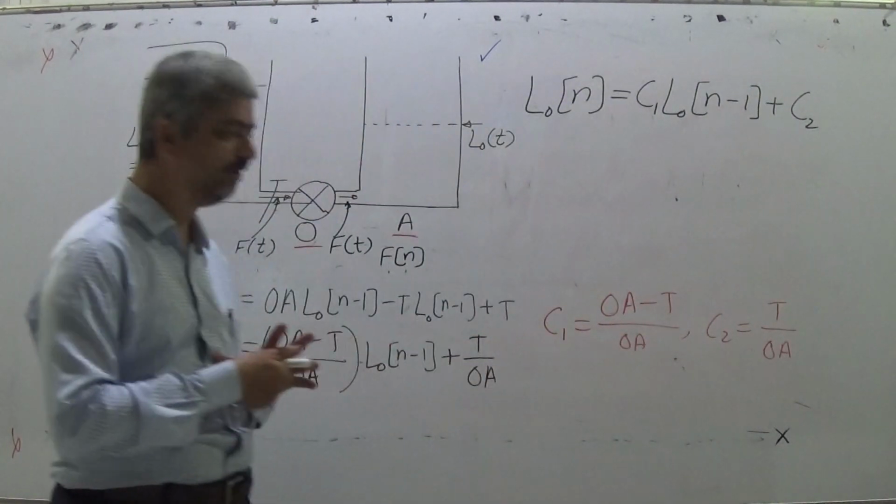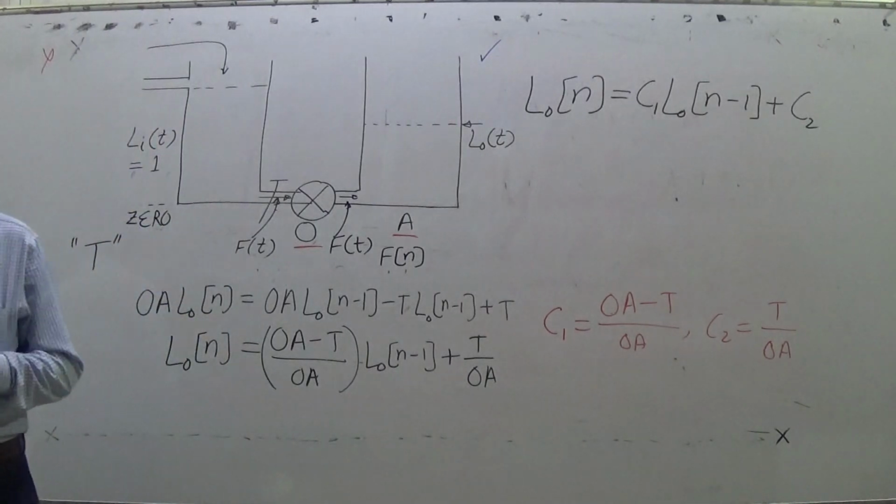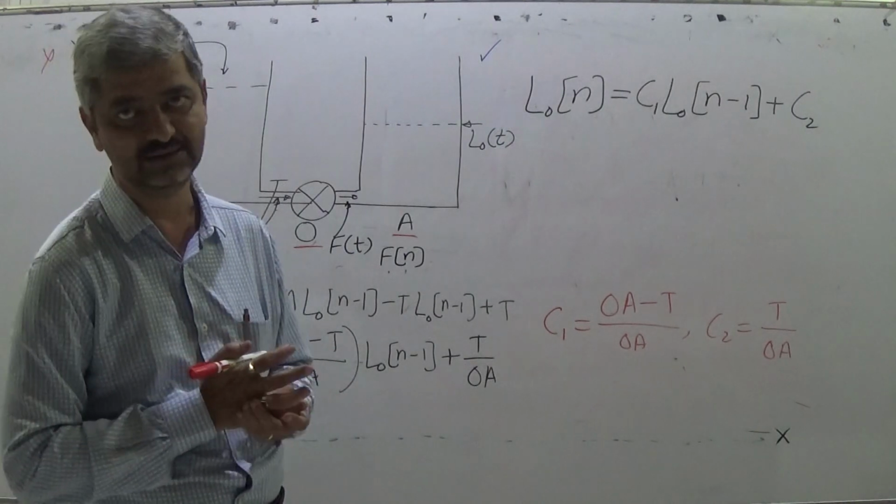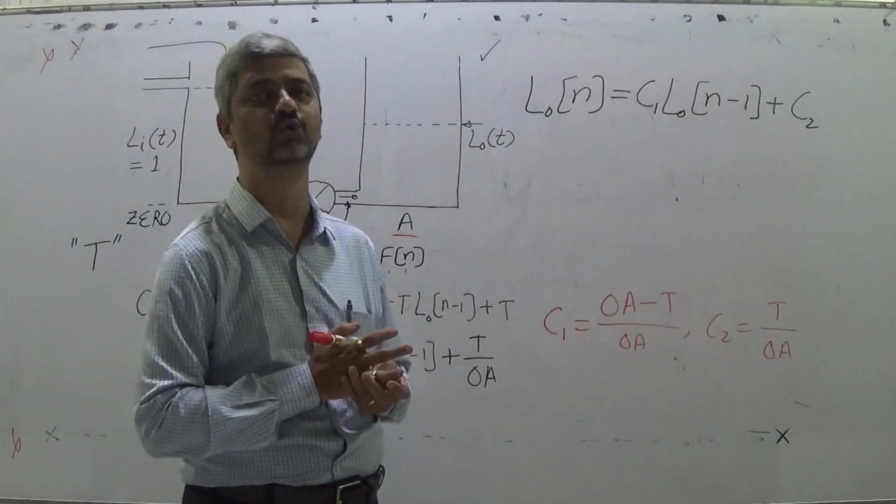where O is opening, A is area of the tank, and capital T is the sampling interval between two readings.